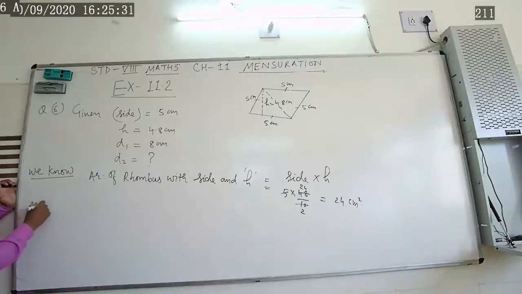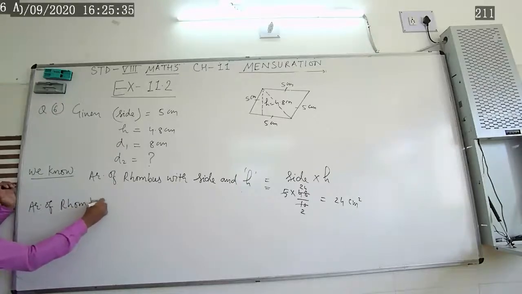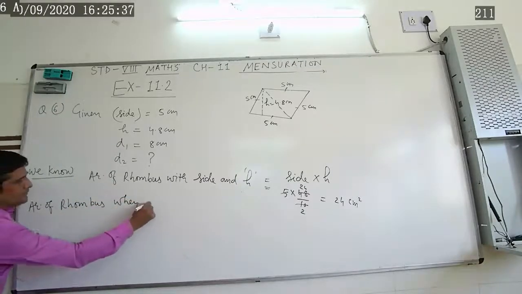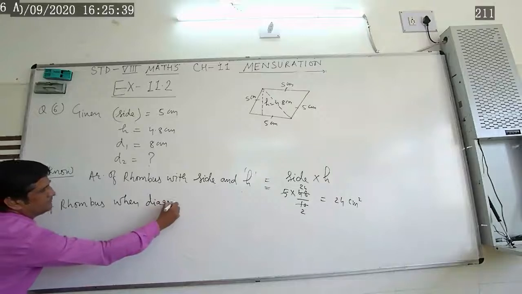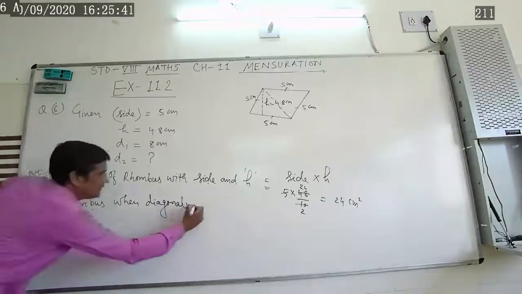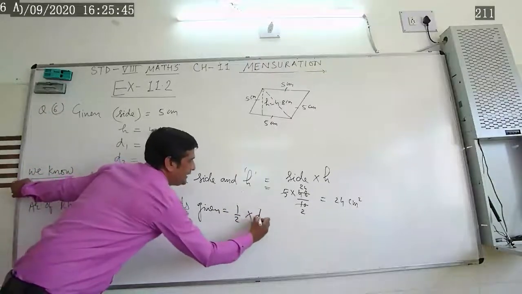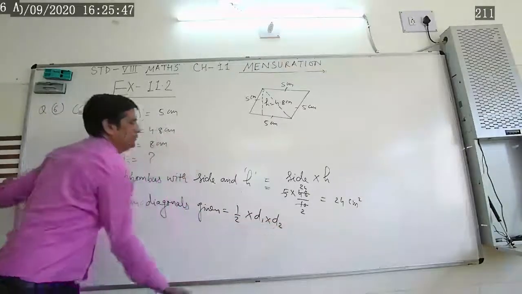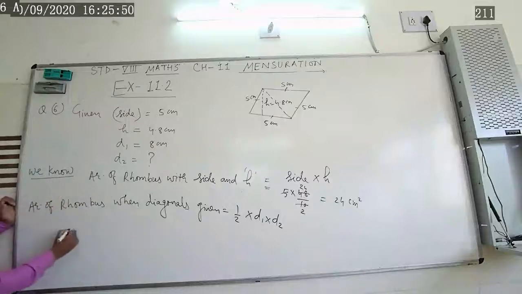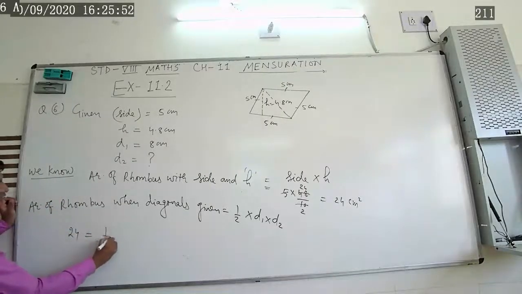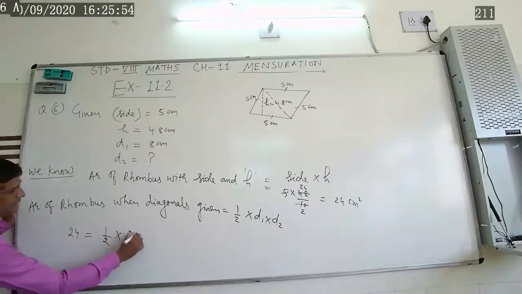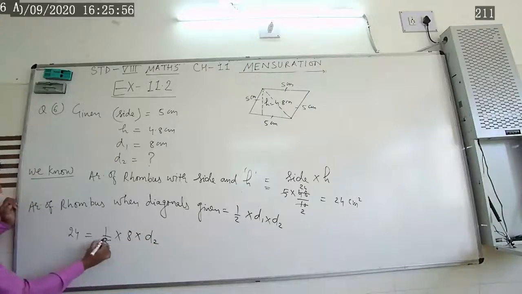Now, the area of the rhombus when diagonals are given is equal to 1 by 2 into d1 into d2. So the area I have calculated, 24 equals 1 by 2 into d1, 8, into d2.